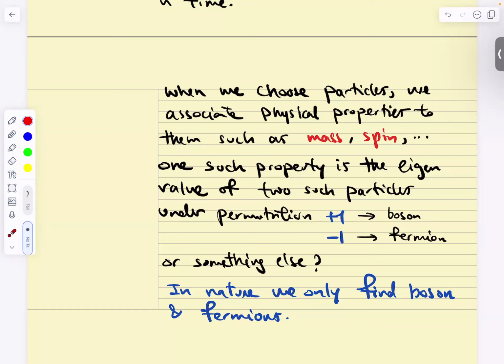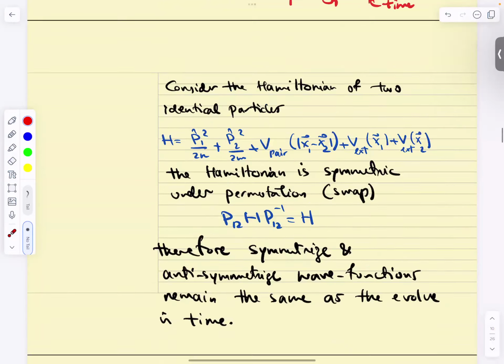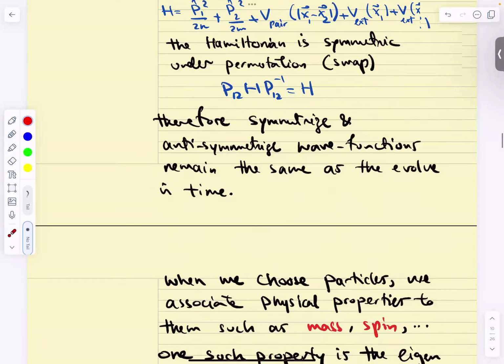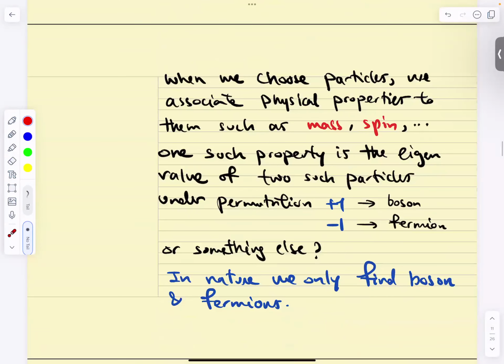When you swap them, you neither get back the initial wave function nor -1 of it, you get something else. So the postulate translates to this: in nature, in 3 dimensions, when we go out there and observe particles, all particles are either bosons or fermions. There's nothing else. All right?